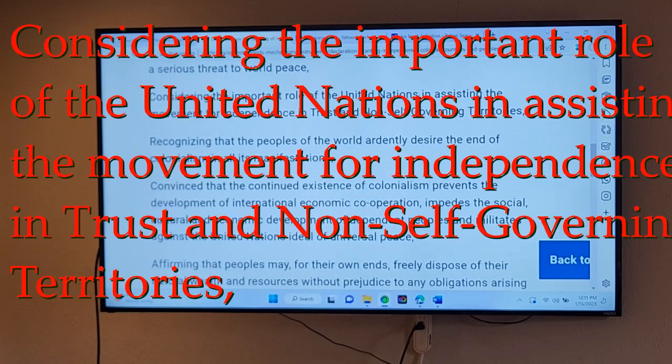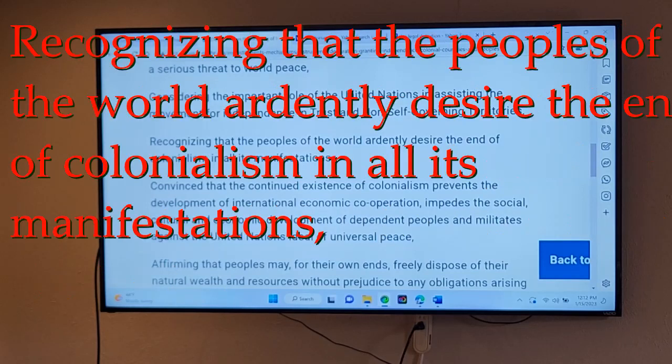Considering the important role of the United Nations in assisting the movement of independence in trust and non-self-governing territories, recognizing that the peoples of the world ardently desire the end of colonialism and all its manifestations.